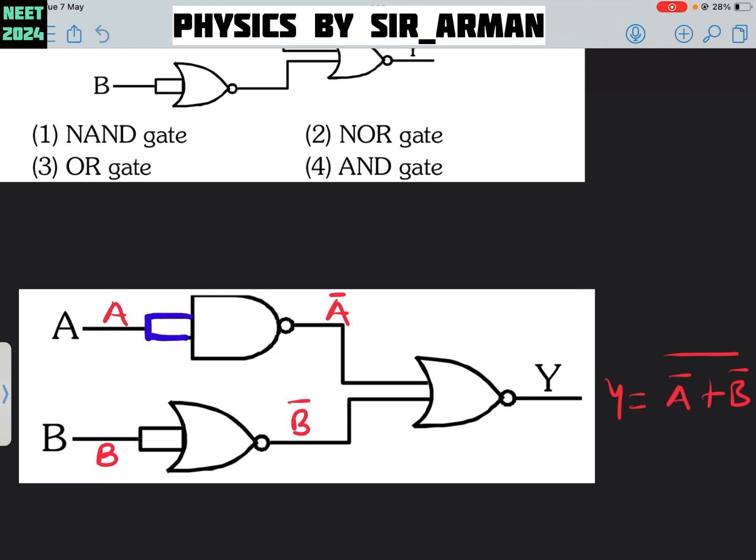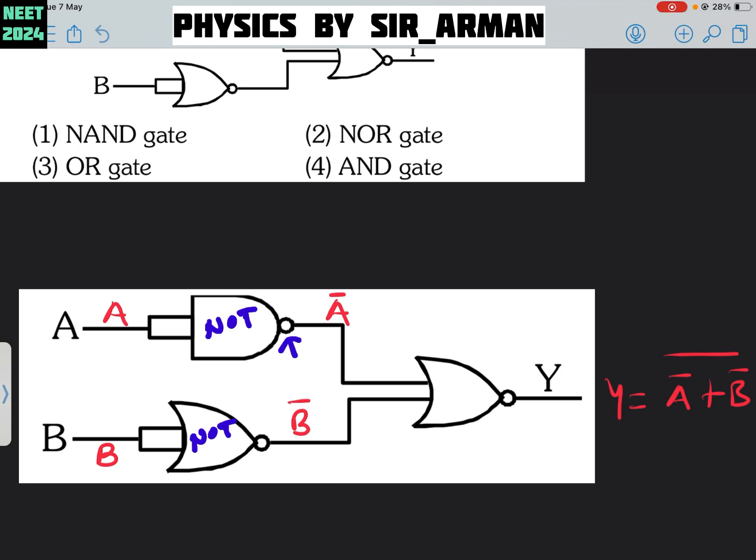Here these are short circuits, meaning whatever you give here will come out on the other side, and it is actually a shorted NAND gate, which behaves as a NOT gate. You should learn theory properly, then you will identify that this behaves as a NOT gate. Again this behaves as a NOT gate.